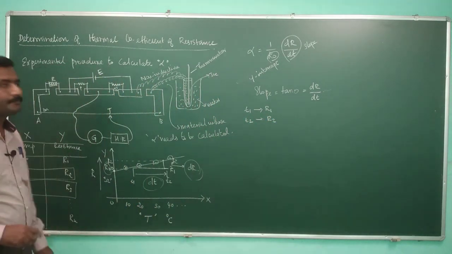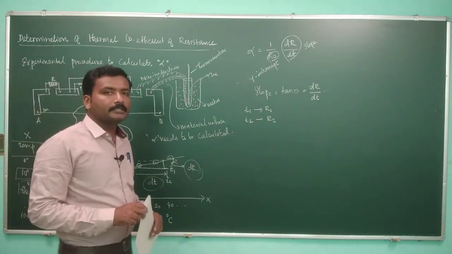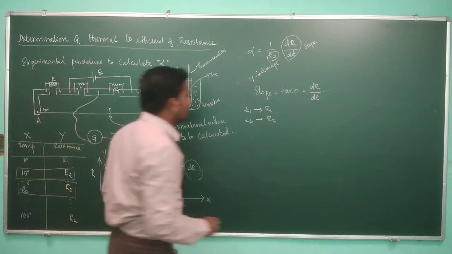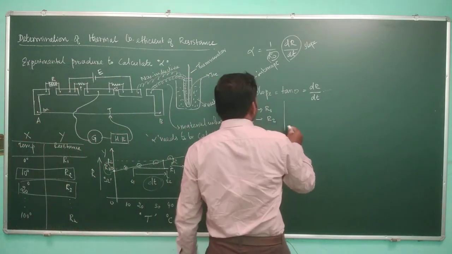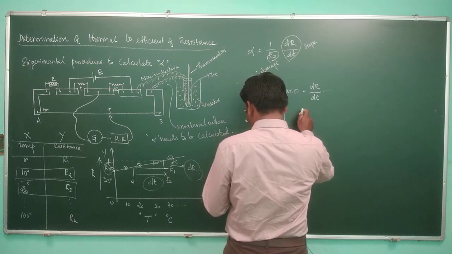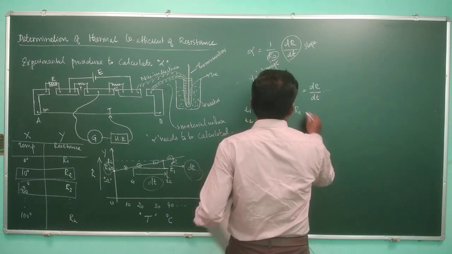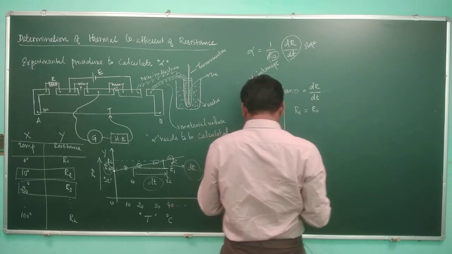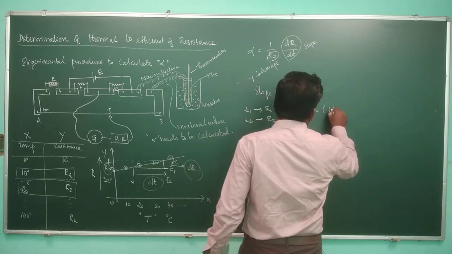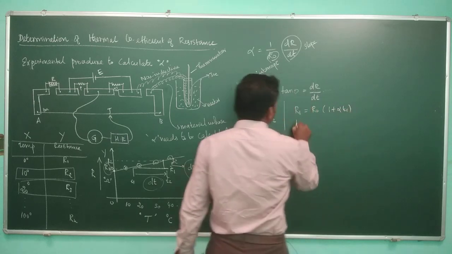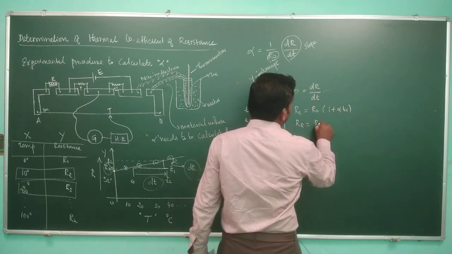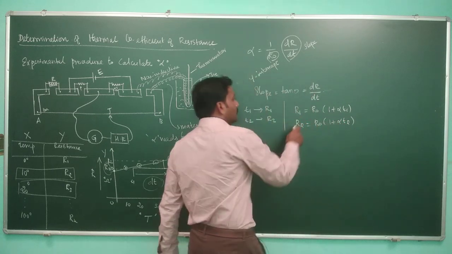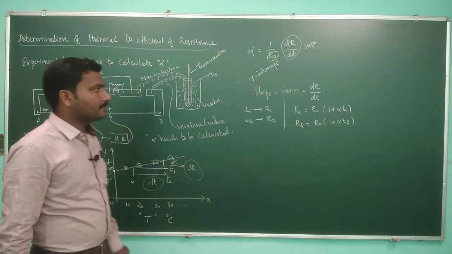If it is given, then how do I calculate the thermal coefficient of the given material? For this we can write the equation: R1 is nothing but R0, the resistance at 0 degree temperature, times 1 plus alpha T1. Similarly, R2 equals R0 times 1 plus alpha T2. What is given? R1, R2, T1, T2 are given, but R0 is not given.